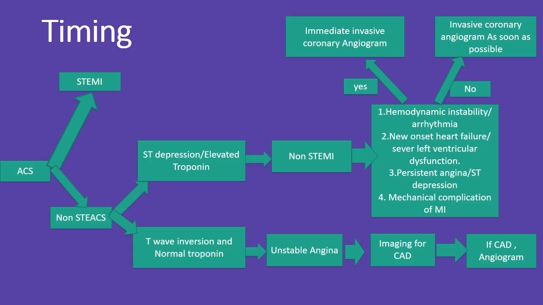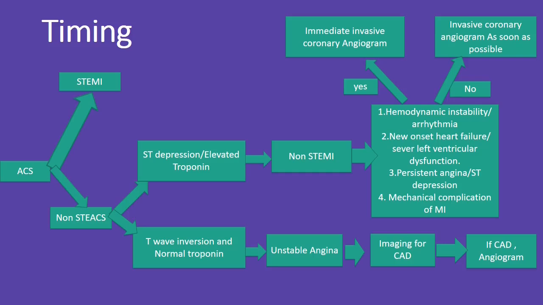If any of those are present, we have to go for immediate invasive coronary angiogram. If none of them are present, we can wait. You should do the coronary angiogram as soon as possible, preferably before discharge.